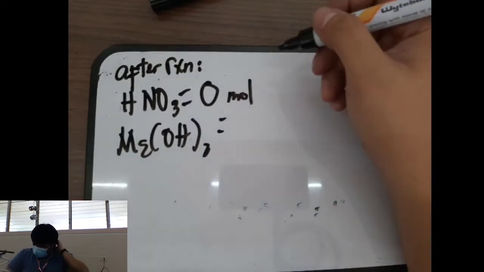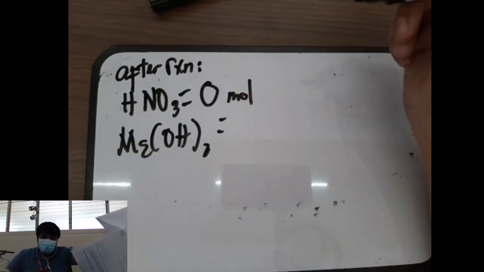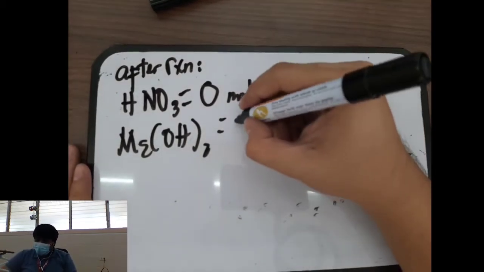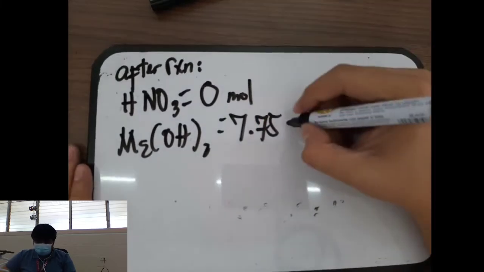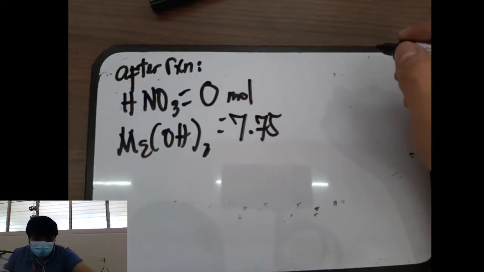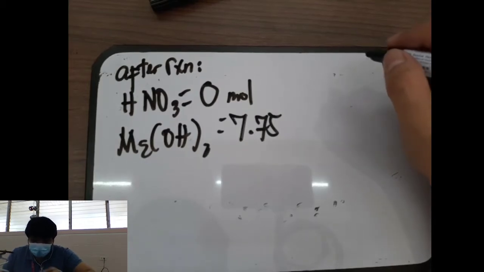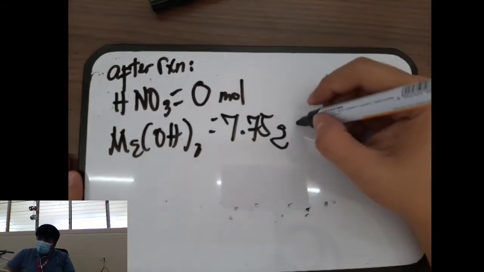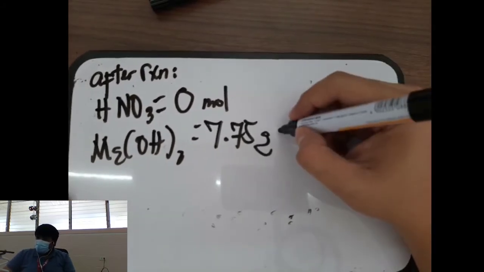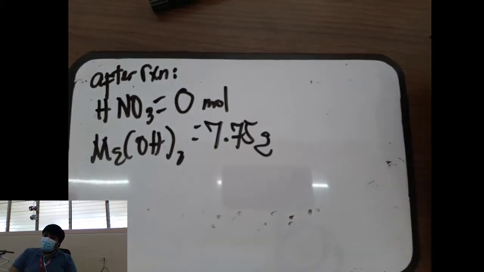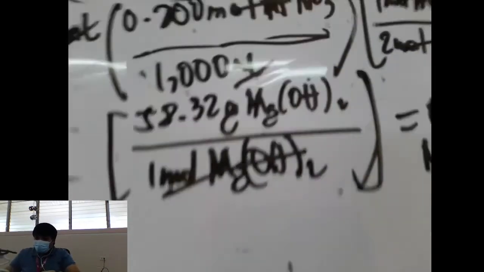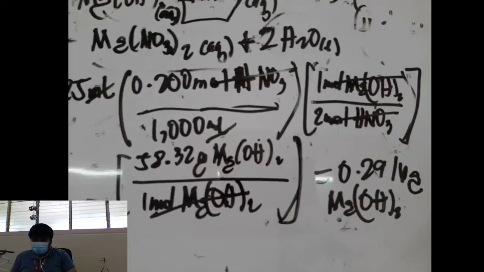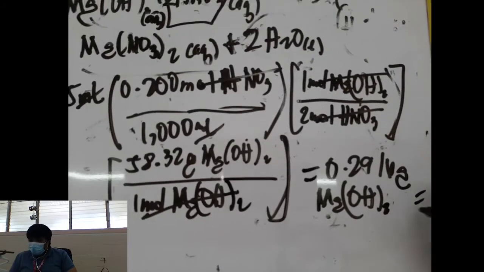So how do we get the amount of magnesium hydroxide left in our reaction? We are given 7.75 grams of magnesium hydroxide initially. We have calculated that 25 ml of your 0.2 molar nitric acid, as we have shown earlier, will consume 0.2916 grams of magnesium hydroxide.